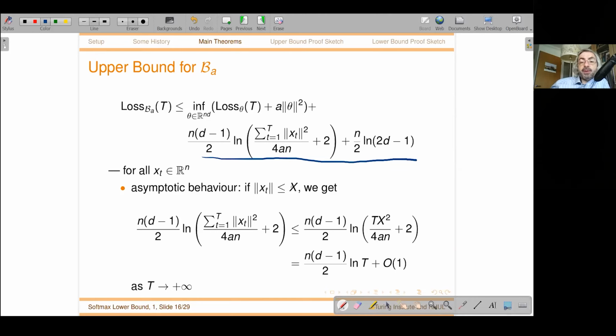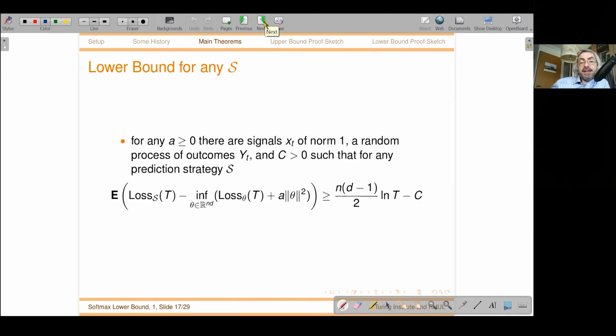If we assume that signals are bounded like this, then we get asymptotic behavior of (n(d-1)/2) times the logarithm of time, plus something which is constant in time, but depends on n and d, of course.